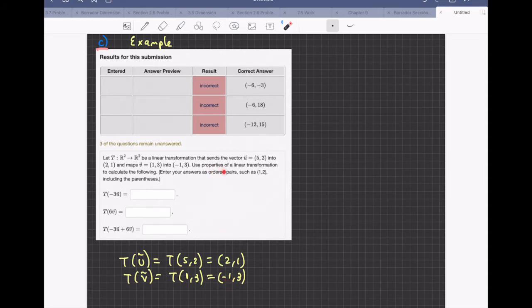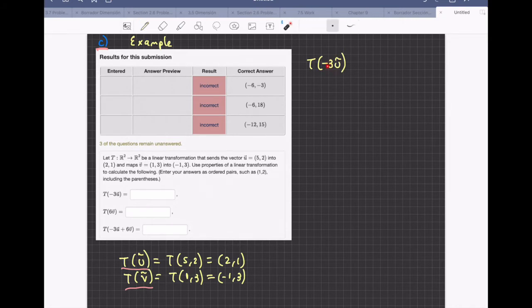Now, use properties of a linear transformation to calculate the following. For example, T of negative 3u. What is T of negative 3u? Well, we don't have the formula, but we know what T of u is, and T of v. Since this is linear, I can apply the properties for a linear transformation.